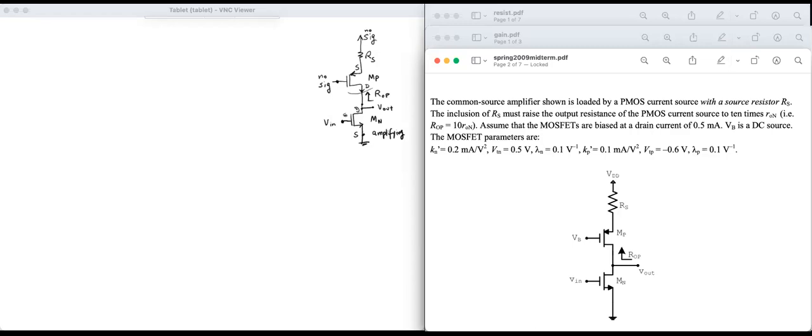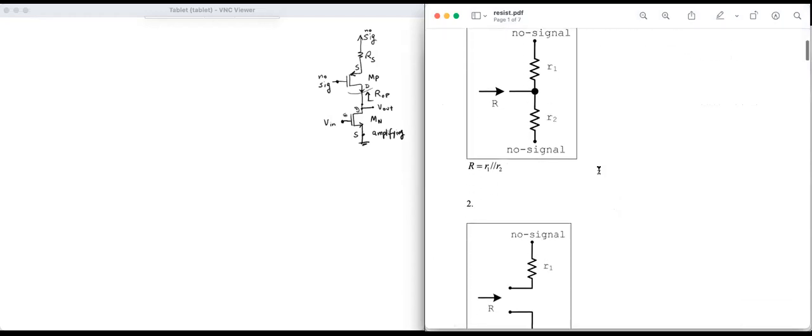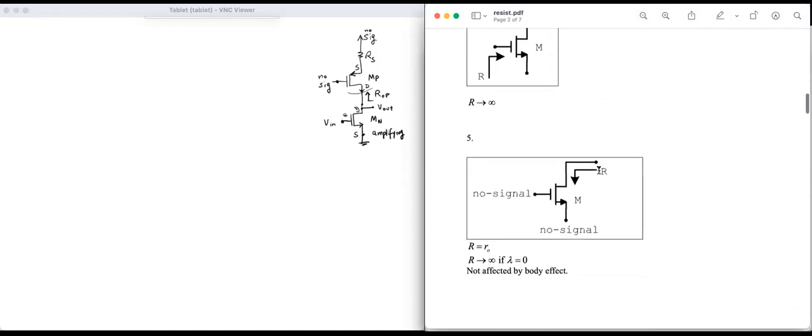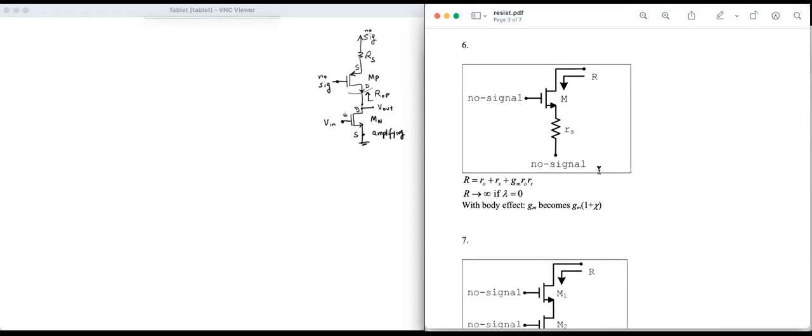And this is where we will use the resistance formula sheet. I don't need to memorize what is the resistance when I look into the drain of a MOSFET with such conditions. So we go to the resistance formula sheet, which is shown here. And I look for the resistance looking into the drain when there is a resistor from source to ground.